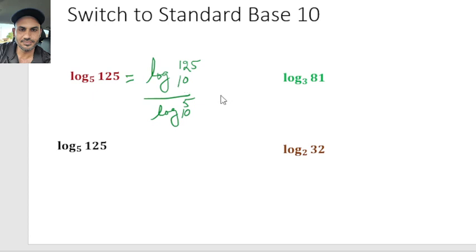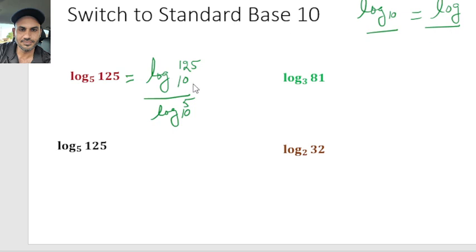And remember, there's one more thing I want to tell you, that log base 10 is a standard base. When we have that, we don't need to write log with base 10 anymore. So these two are the same. This is the standard. When we have a base 10, we can actually omit the base, and we can just write the expression without the base 10.